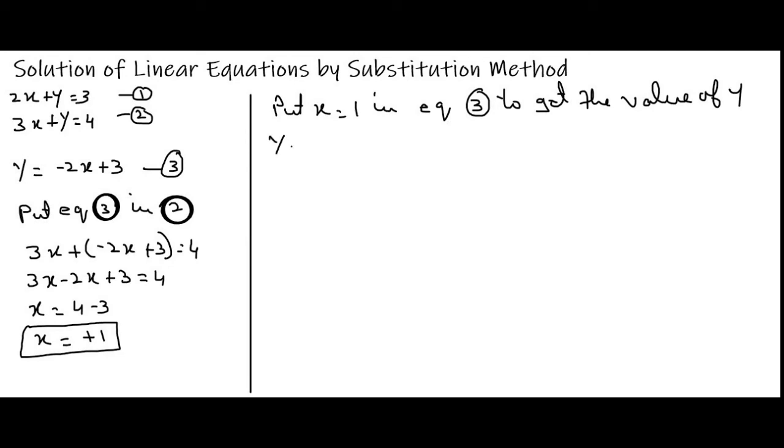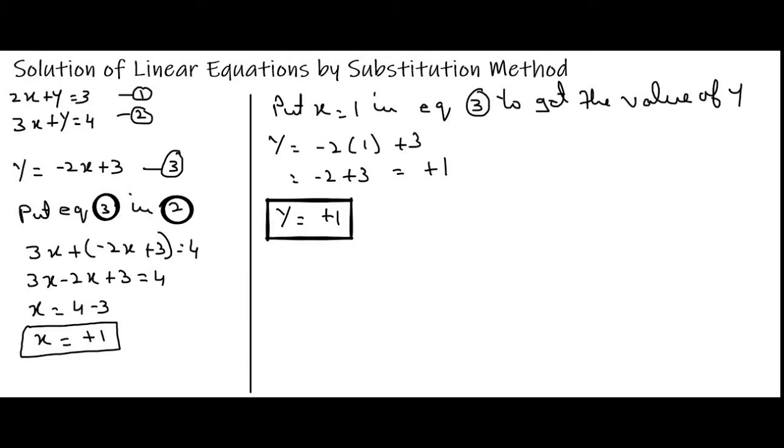So y is equal to minus 2 plus 3, minus 2 plus 3 is equal to again plus 1. So y is equal to plus 1. From this we see that we have got the value of the coordinates x and y, that is 1 and 1, which means we have exactly one solution.